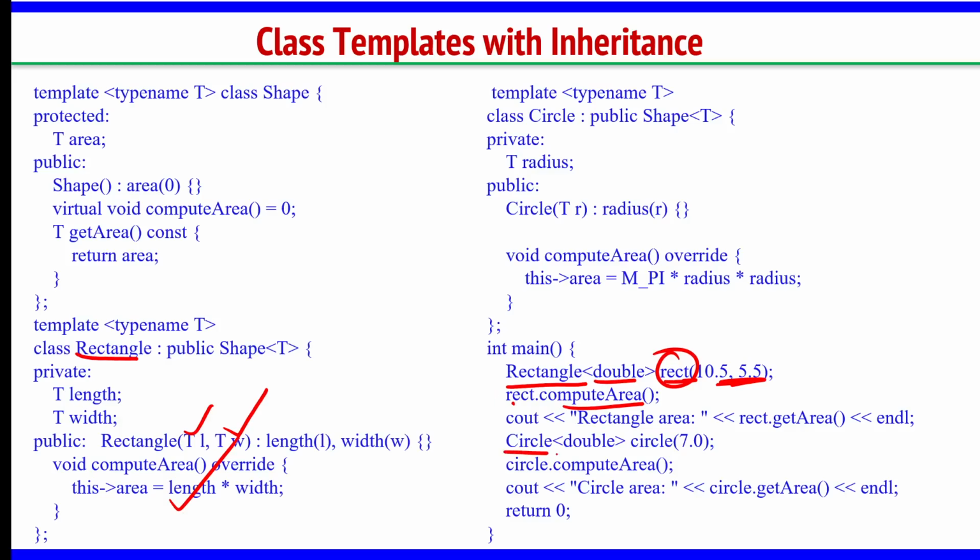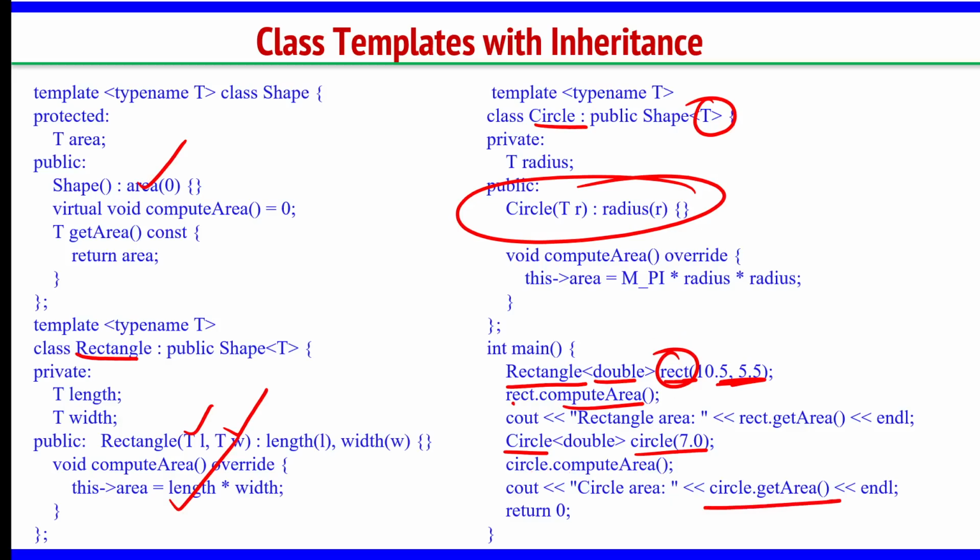Then Circle 7.0, for this circle I am giving one value 7.0. Where is the constructor here for a single value? It is here. So, Circle 7.0, this is the constructor we have here, computeArea, it is computing it and I am getting the area.